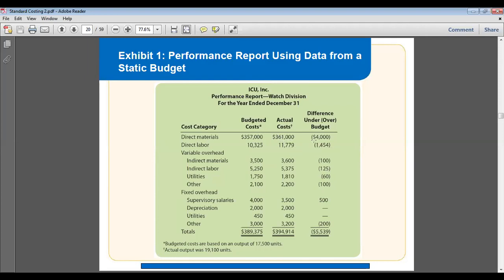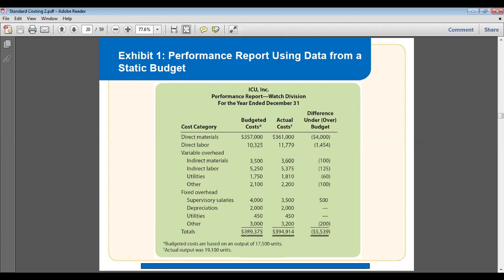So the difference is 4,000. Similarly, direct labor cost was budgeted at $10,325, but actually $11,779 were used. So there is a difference. Similarly, variable and fixed overheads, all these are summed up, and similarly actual costs are summed up.